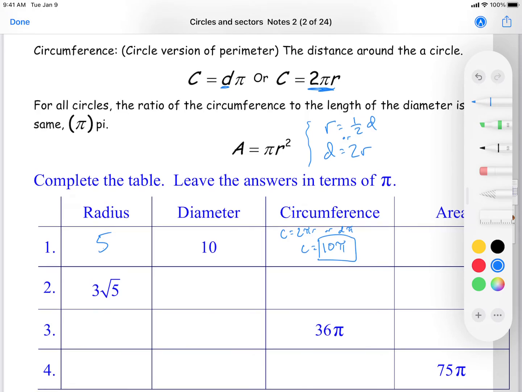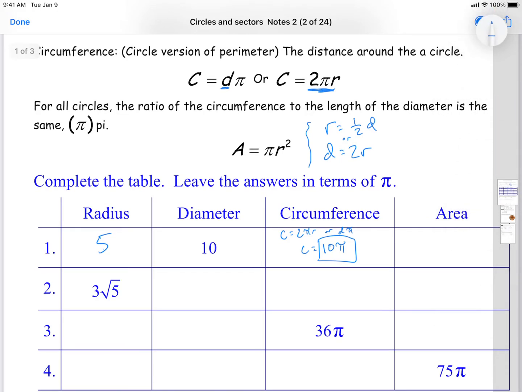Now my area. You can think of it as: radius is equal to one half the diameter; diameter is equal to 2 times the radius; circumference is equal to 2 pi r, or diameter times pi; and my area is equal to pi r squared, okay?